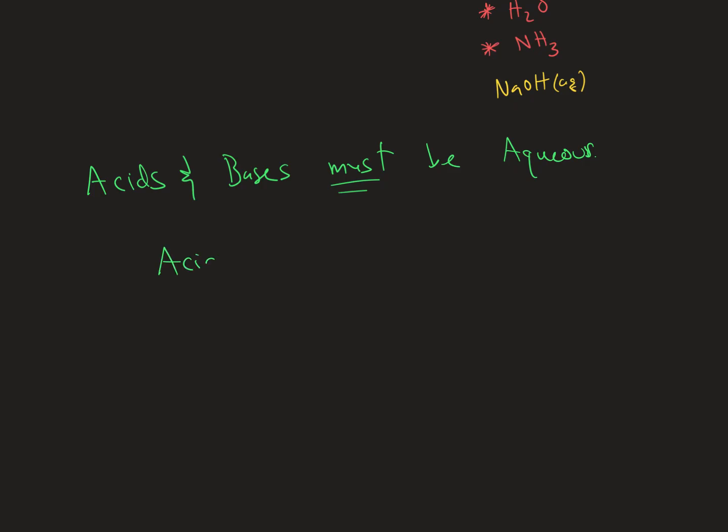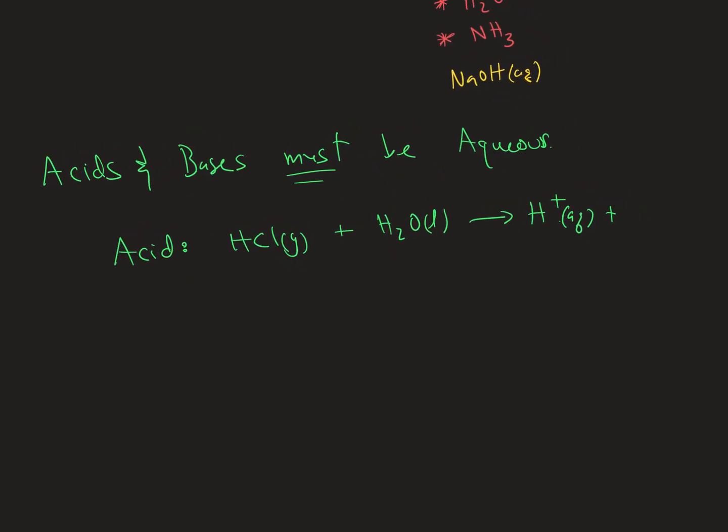So an acid is like HCl, maybe as a gas, plus H2O as a liquid, and it becomes H plus in aqueous solution plus chloride in aqueous solution. There is the proton that it can donate. Good? And it will donate it if it's with a base or any other negative charged particle, which is a base. Good?